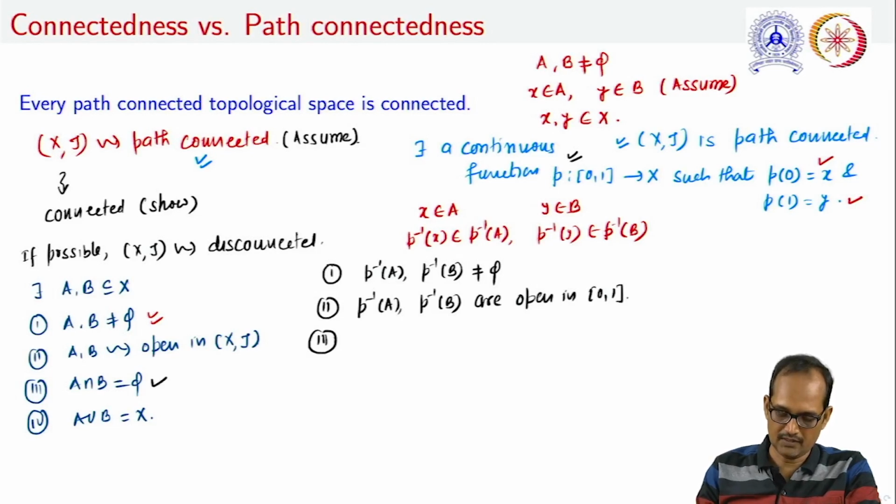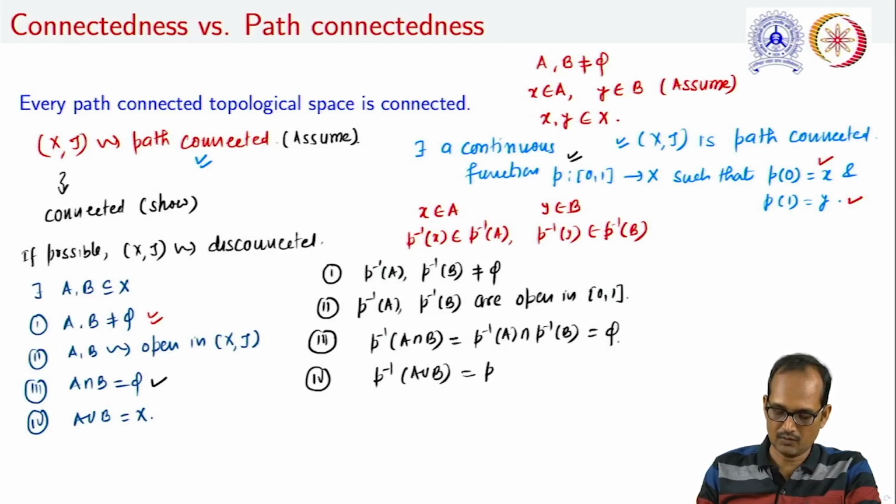Also, this A intersection B is an empty set. Therefore, if we compute p inverse of this intersection, that is p inverse A intersection p inverse B, that is also an empty set. And finally, p inverse of A union B is nothing but p inverse X. From here, we can conclude that p inverse A union p inverse B is nothing but the closed interval [0,1].